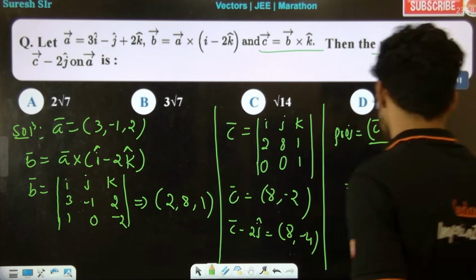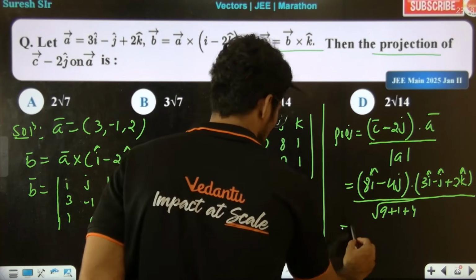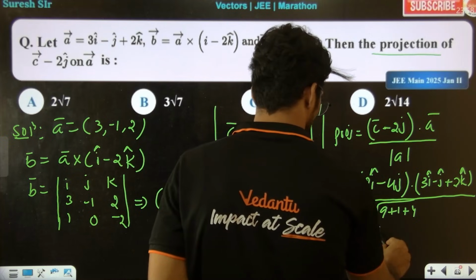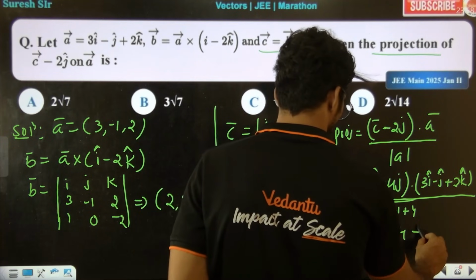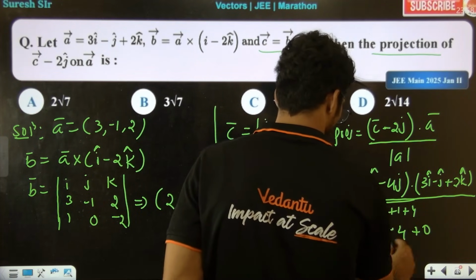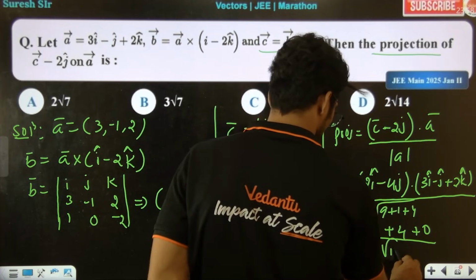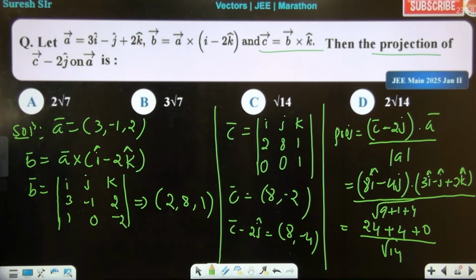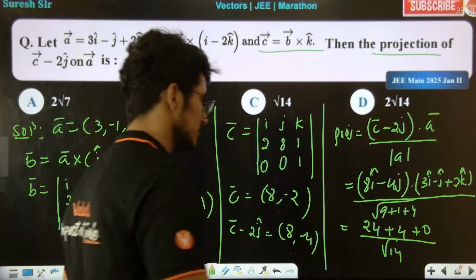Dot product is 24 plus 4 plus 0 divided by root 14. So 28 by root 14, which is 2 root 14.